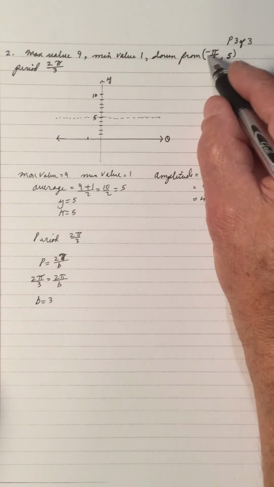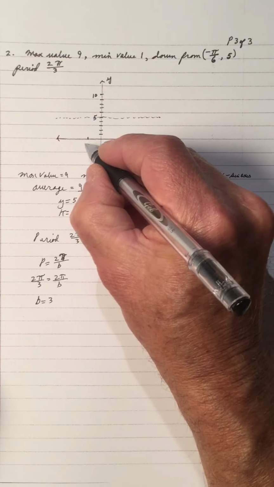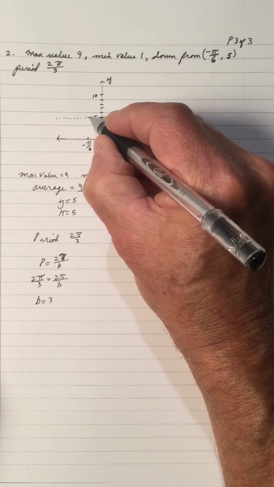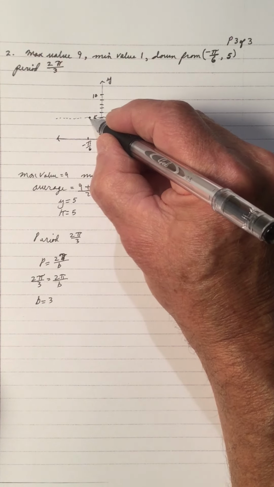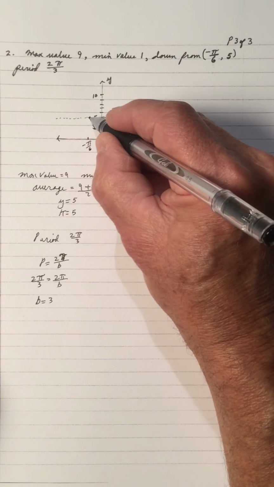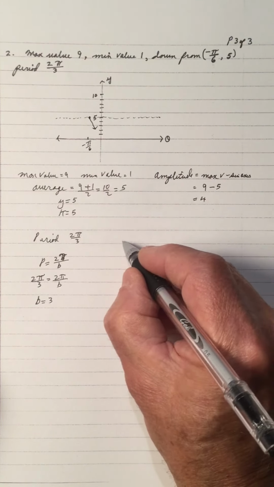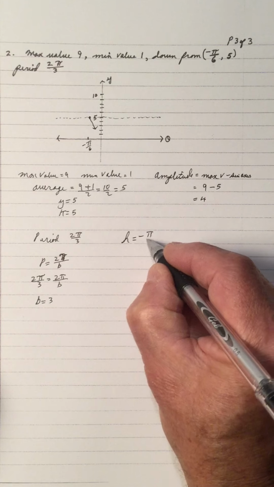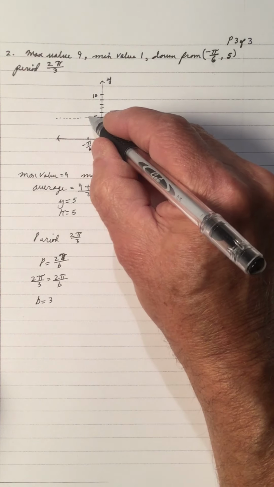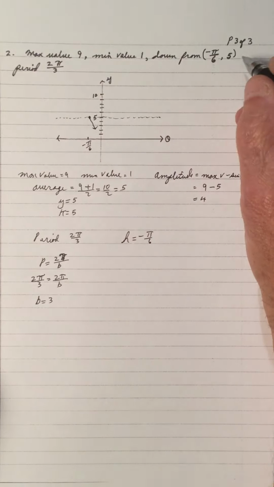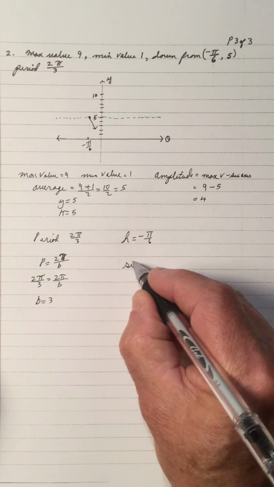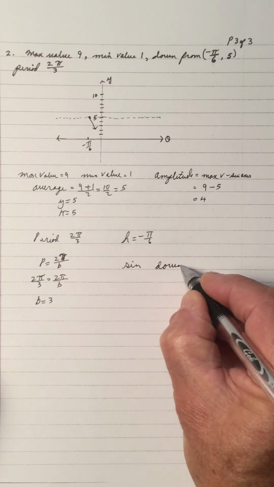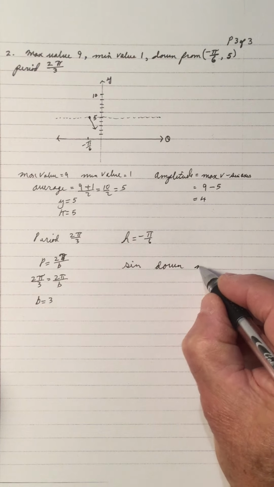Now, the point is starting from negative pi over 6. So this is a negative pi over 6 here, and up 5. So notice it's coming down like this. But this is the sinusoidal axis. So that means the h is negative pi over 6. And it's coming down. Sinusoidal axis is 5, so it's coming down from 5. So that means I must have a sine equation. And it's going down, so sine going down is a negative.